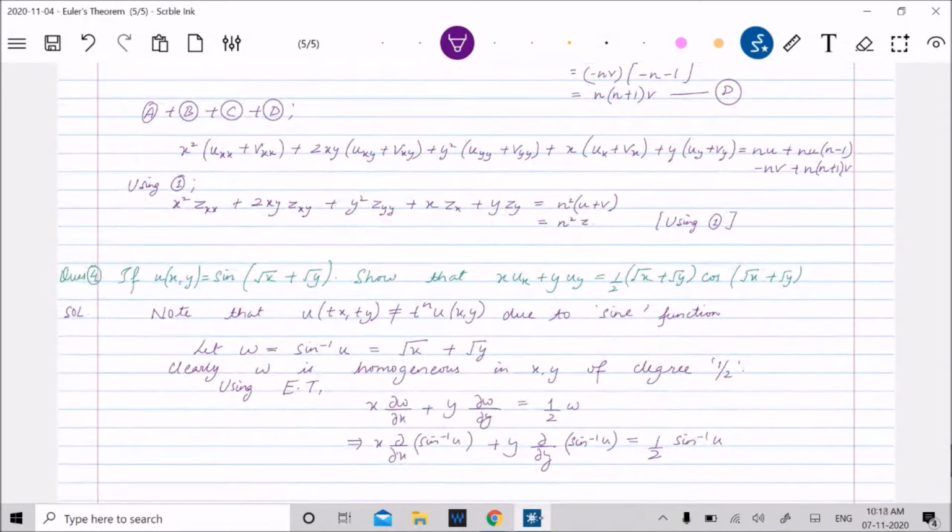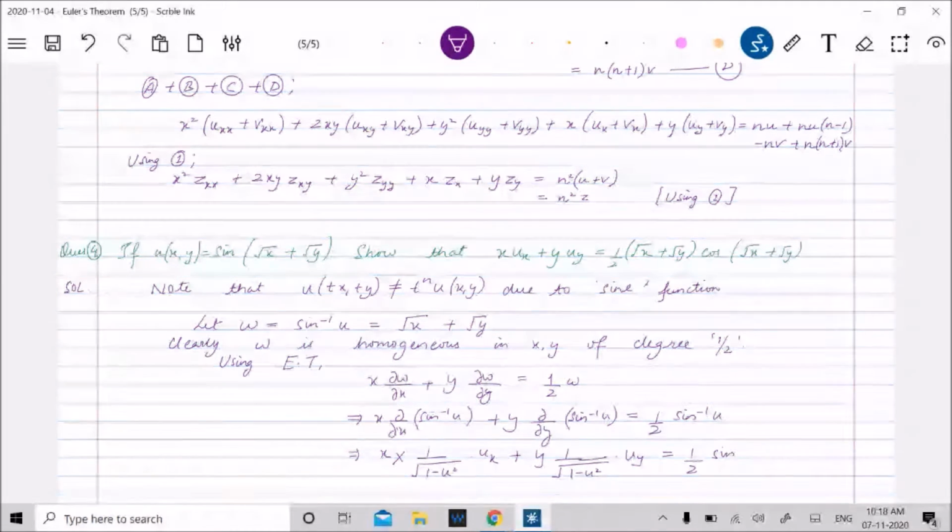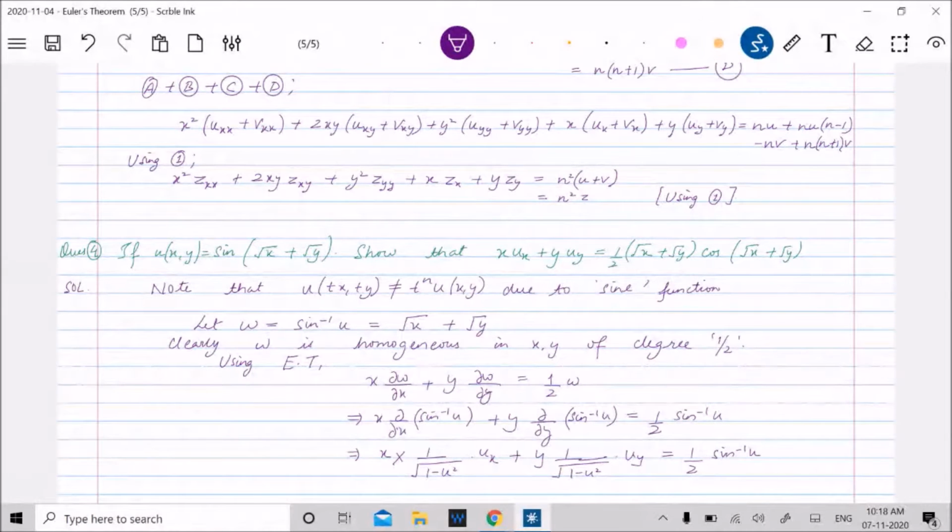Now, what is the differentiation of sine inverse u? 1 upon under root 1 minus u square, and del u by del x will be there. So 1 upon under root 1 minus u square multiplied with del u by del y will be there, equals half of sine inverse u.